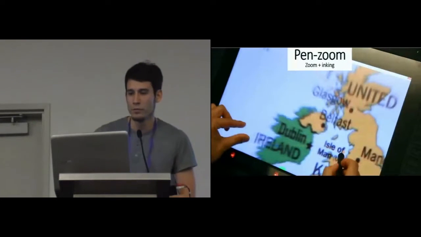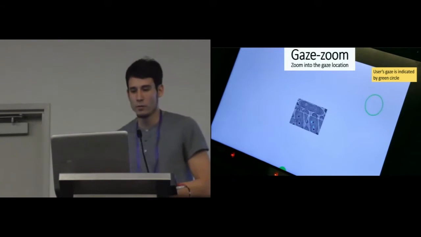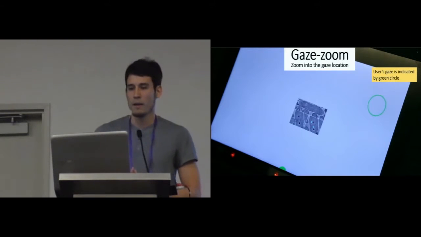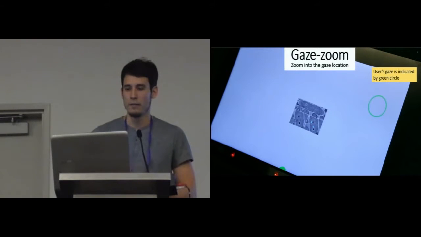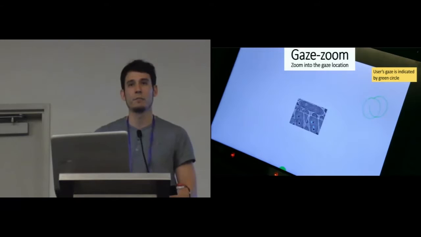I also want to introduce the gaze zooming approach a bit more. What we did here is attach an eye tracker at the bottom of the screen, so we can infer the user's eye gaze position. In this example, the little green circle indicates the user's gaze position.